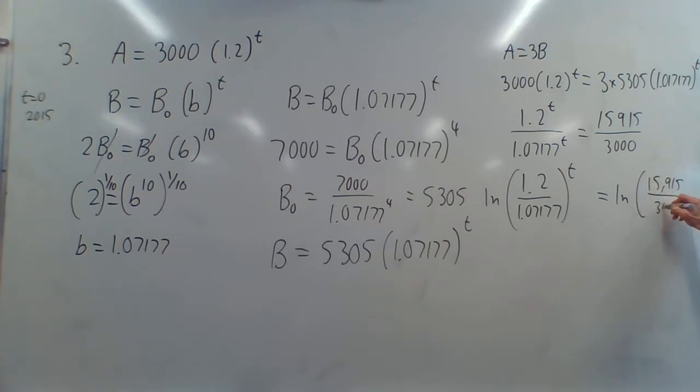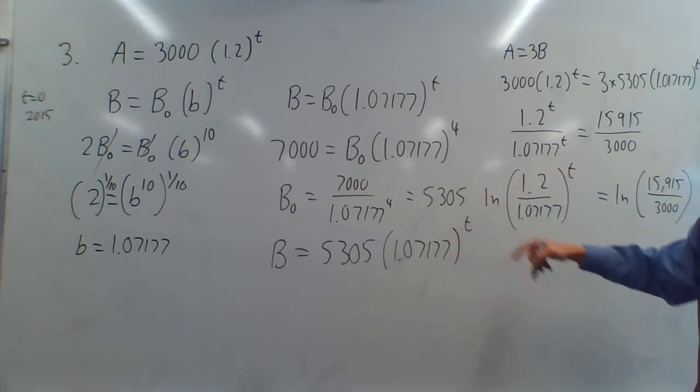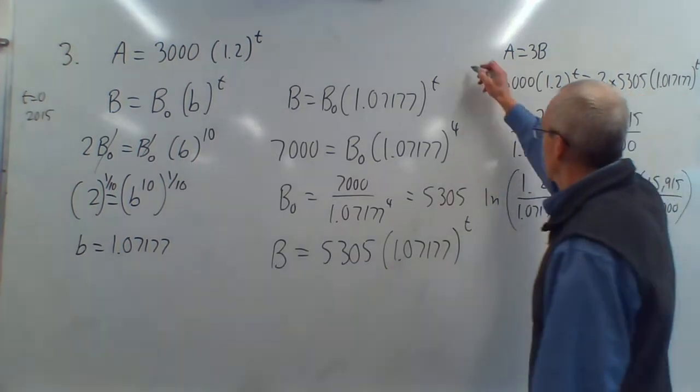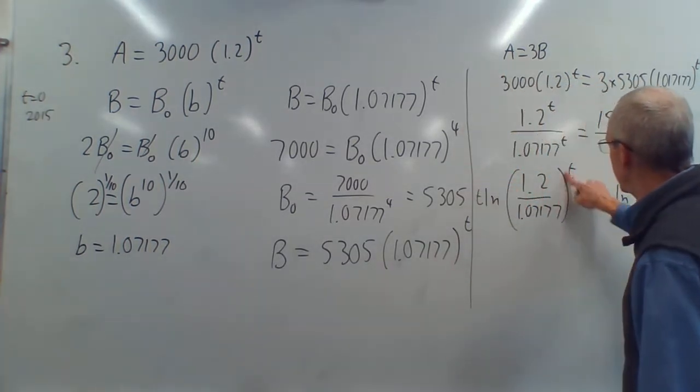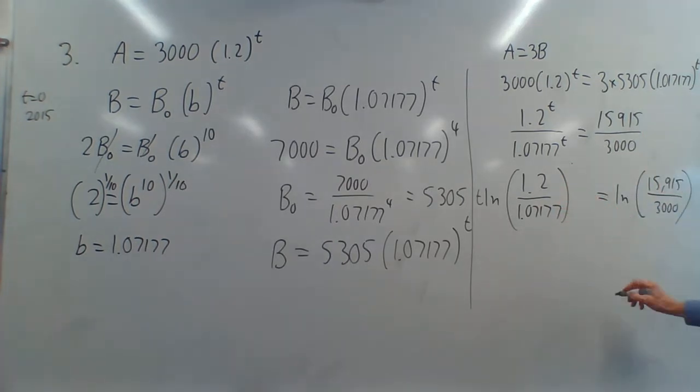When you take the ln of something to a power, the T goes in front. The rule is ln of a to the b is equal to b ln of a.